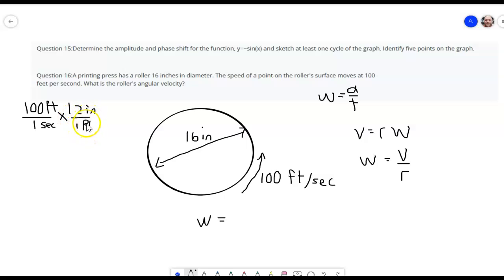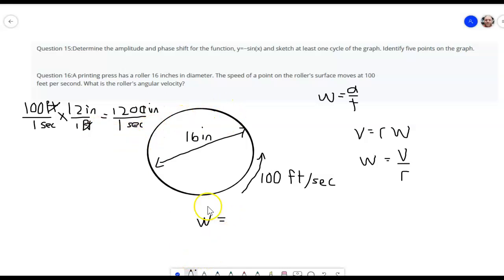Remember, we put the feet on the bottom because we're trying to get out of feet and into inches, and that will give us 100 times 12, which is going to be 1200 inches per 1 second. Right? 12 times 100 is 1200. So here is our linear velocity, and that should be inches right there. Inches per 1 second.